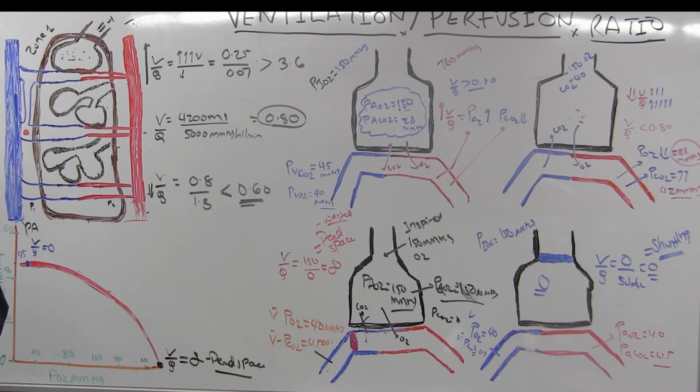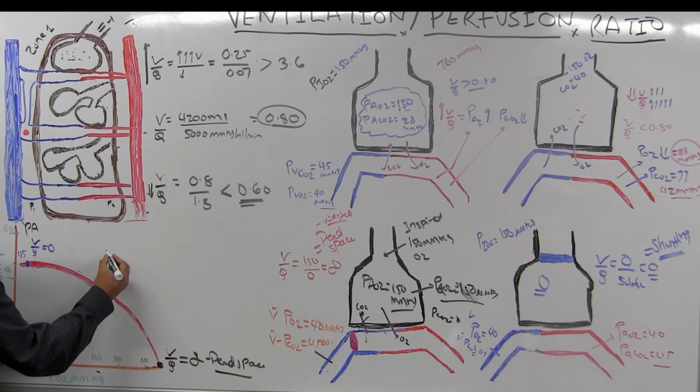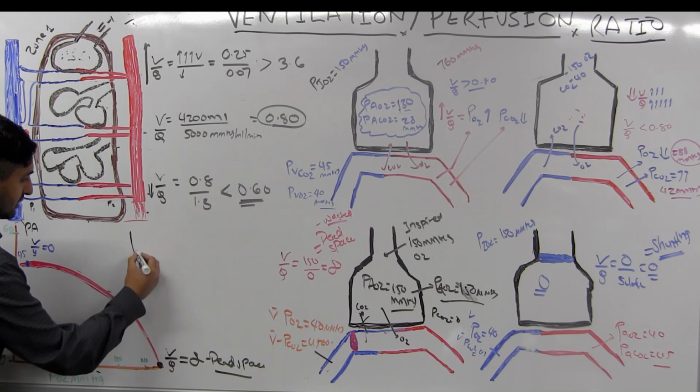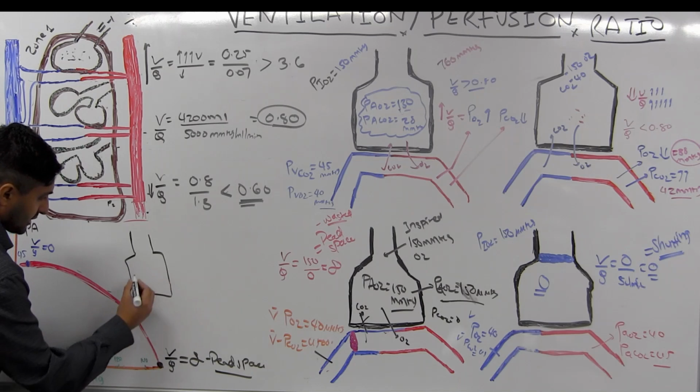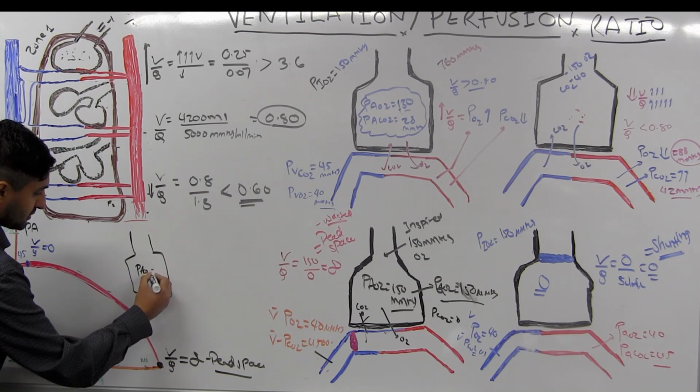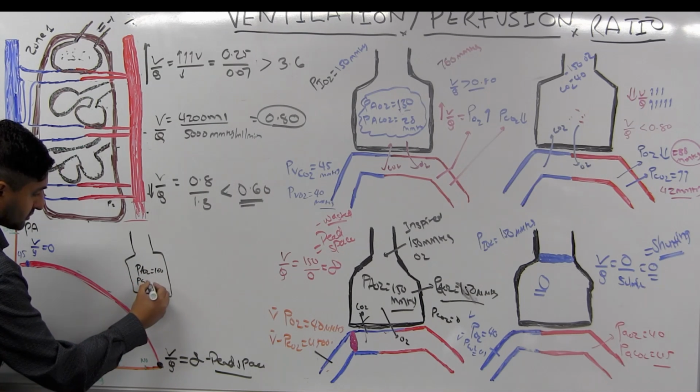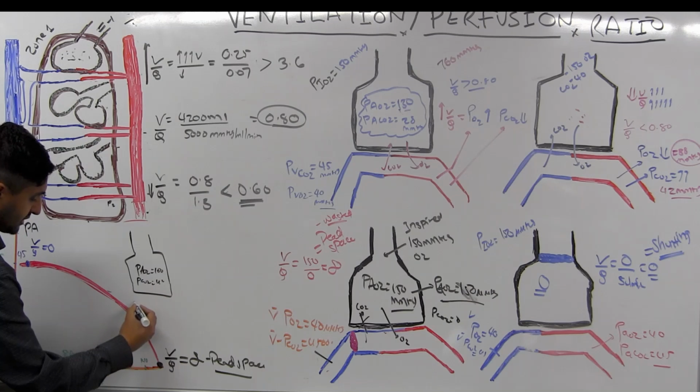Now, what is my normal? Usually my partial pressure of oxygen should be 100. If I make this the venous side right here, here the alveolar O2 should be 100 and CO2 should be 40. On the venous side, O2 should be 40 and CO2 should be 45.